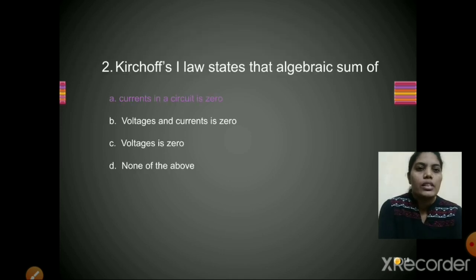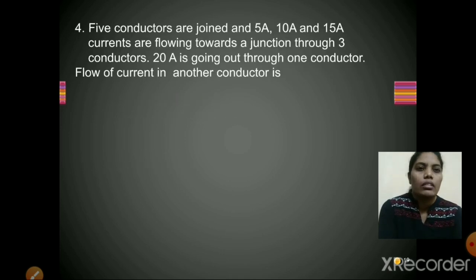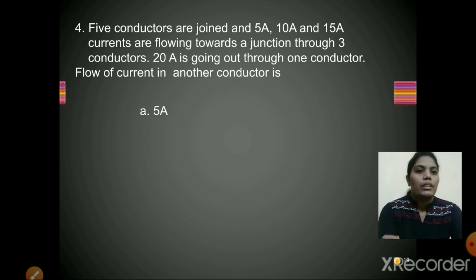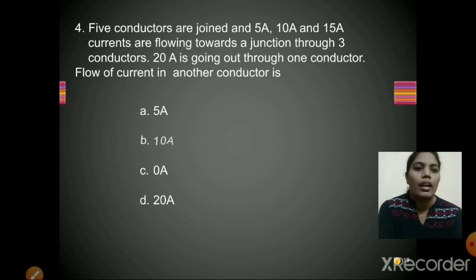Now here you can see 5 conductors are joined and they are having 5 ampere, 10 ampere and 15 ampere currents which are flowing towards the junction through 3 conductors. Now 20 ampere is going out through one conductor. Flow of current in another conductor is: 5 ampere, 10 ampere, 0 ampere, 20 ampere.